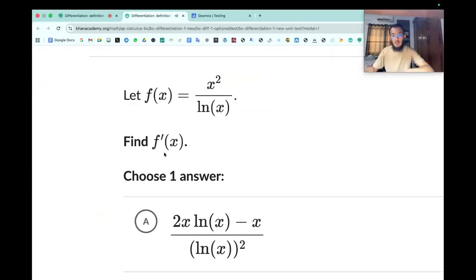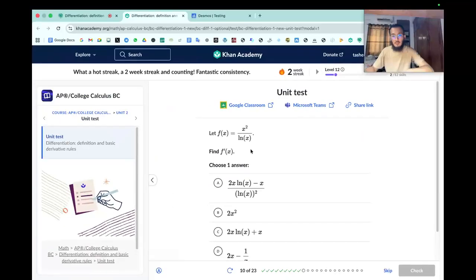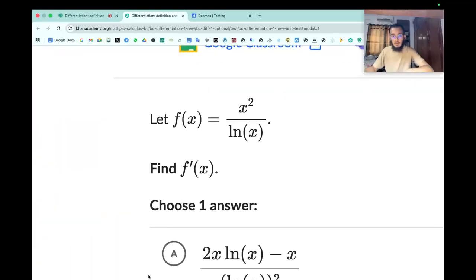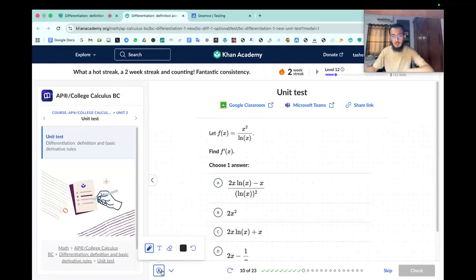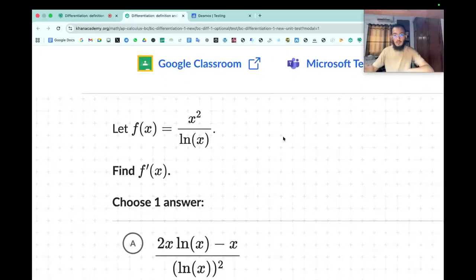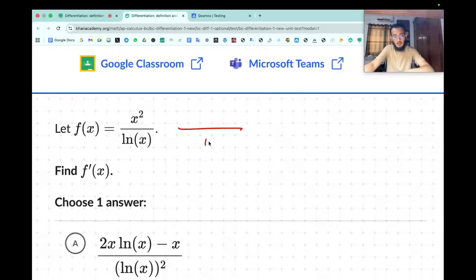fx is this function. What is f prime x? Okay, again uv. V would get squared, so it's ln x squared. V, differentiation of u, minus u, differentiation of v, which is 1 by x.